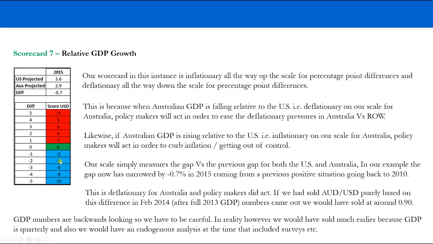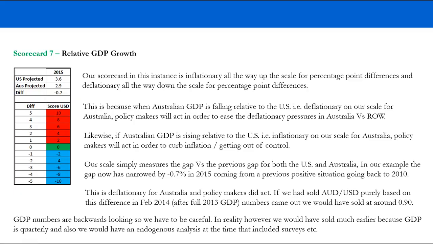So here the scorecard is pretty straightforward. Inflationary all the way up the positive side of the scale, because the gap between Australian projected GDP and US projected GDP is widening in the favour of Australia, and the opposite is occurring, deflationary all the way down the scale here, because Australian GDP relative to US GDP, the gap is narrowing in favour of the United States.